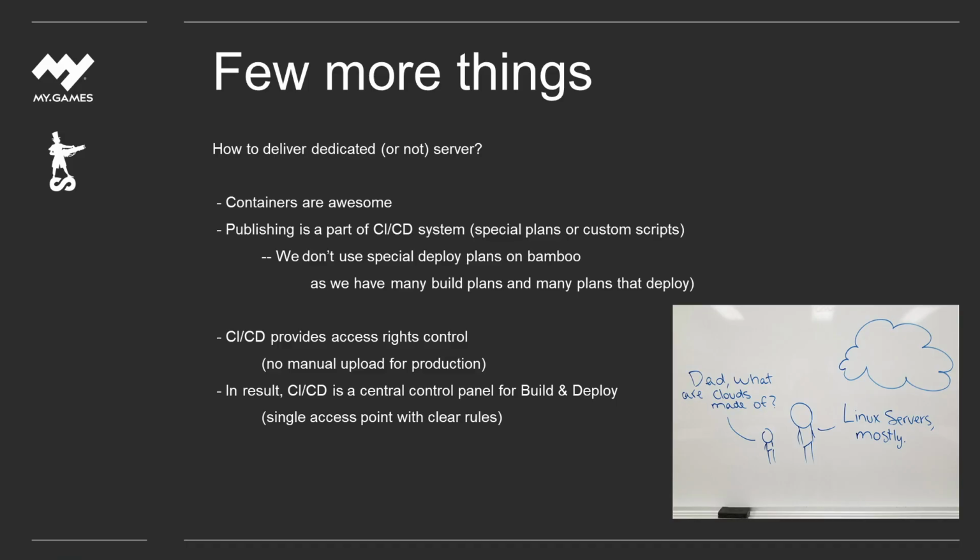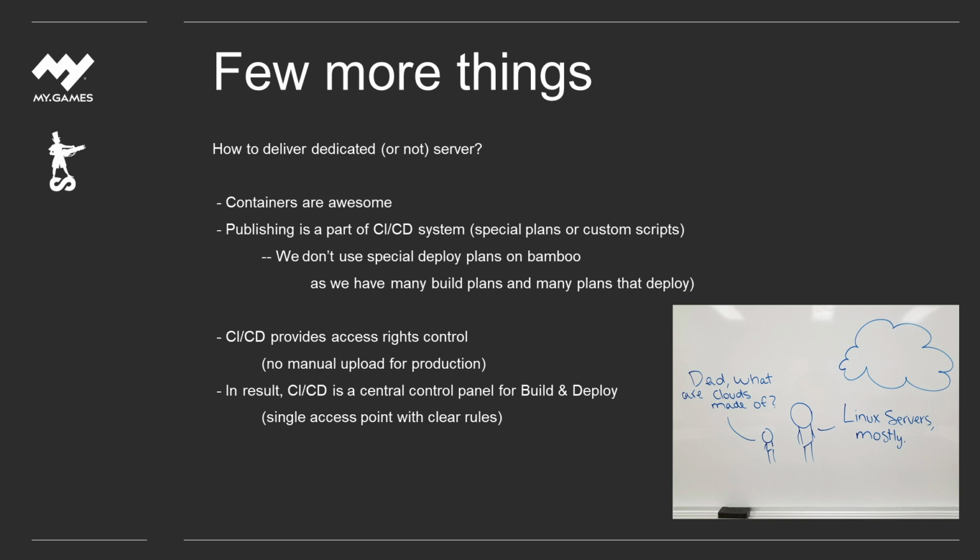A few more things. CD is not only about the game client delivery, but managing the servers too. As I said before, it's great to use containers to pack dedicated server artifacts and distribute them to Amazon or DigitalOcean. Server deployment is definitely a task that should be done with robots, and it's also very useful that the CI/CD system provides access right control.